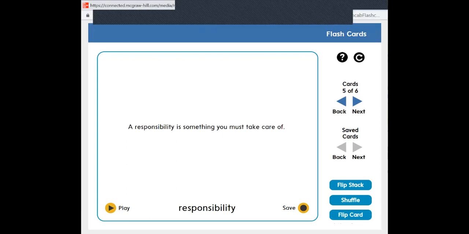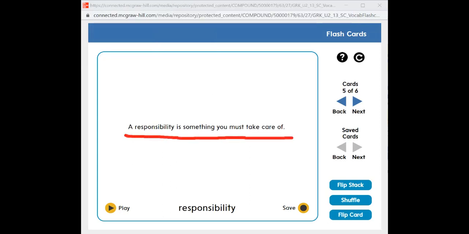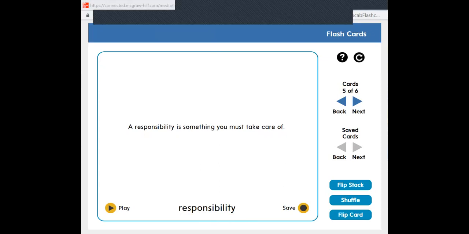Responsibility. That is not in your foldable, but it is a very important word to know. A responsibility is something you must take care of. Let's look at an example of a responsibility.